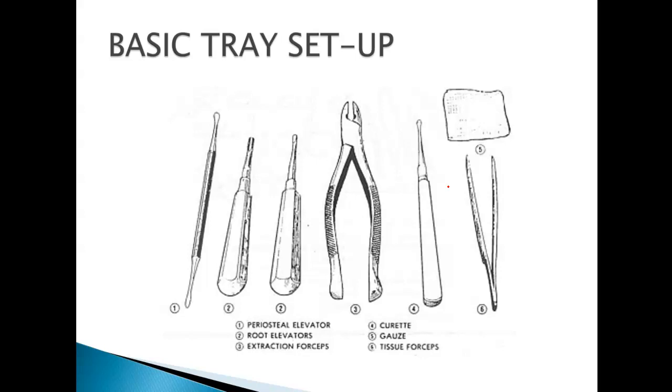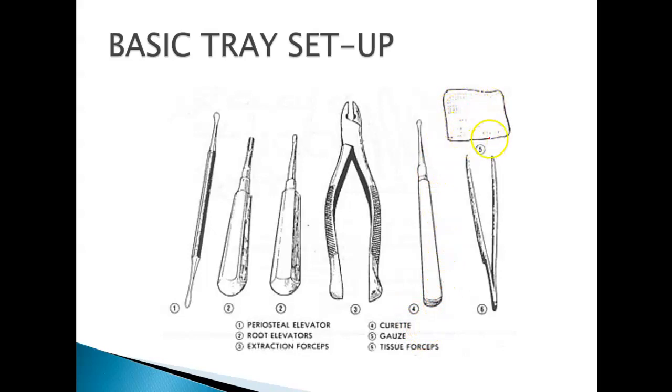And also it makes the socket bleed, which we want to happen, because we'll talk about what happens if the socket is dry in another video. But that's very important to do after an extraction, to make sure any debris is out of the socket.